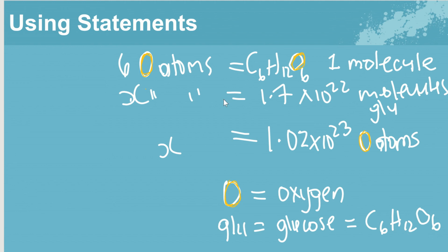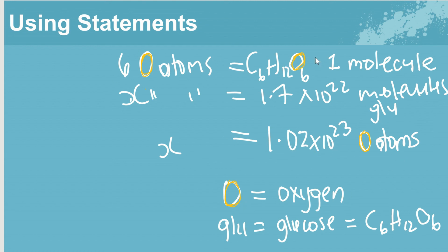And so here we have indeed calculated the number of molecules in the sample, which is 1.75 times 10 to the 22 molecules of glucose. And essentially all we have to do here is cross multiply, or multiply by 6, make x the subject of the formula, and then that works out to be 1.02 times 10 to the 23 oxygen atoms, right?